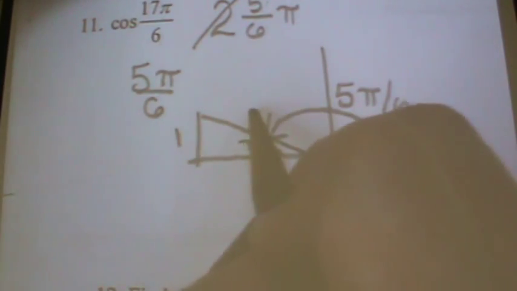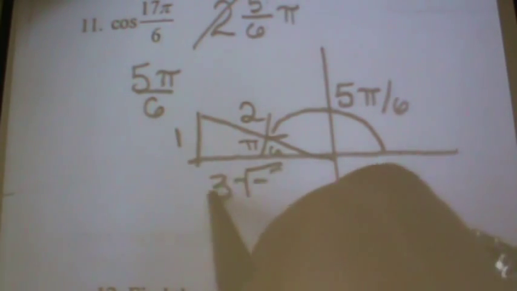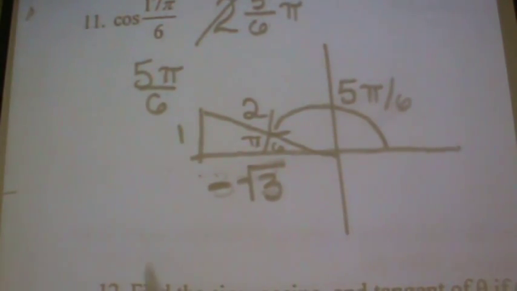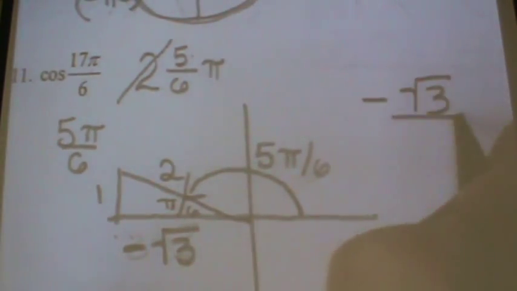So this is going to be 1, 2, square root of 3. Negative square root of 3. Why did I call that negative root 3? Because it's going left. So what's the cosine of this angle? Cosine is adjacent over hypotenuse. Negative root 3 over 2 is the answer.